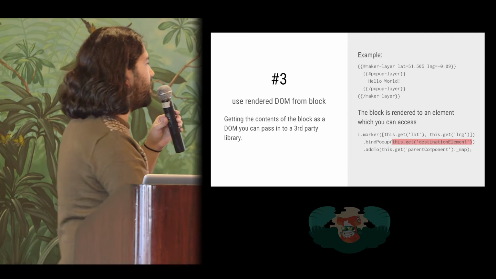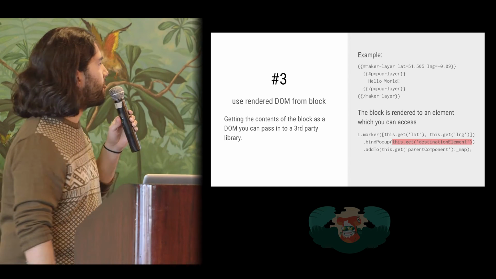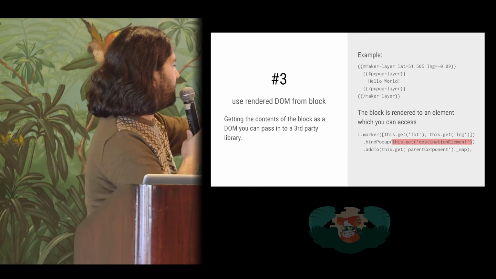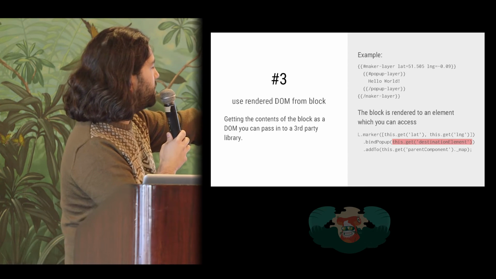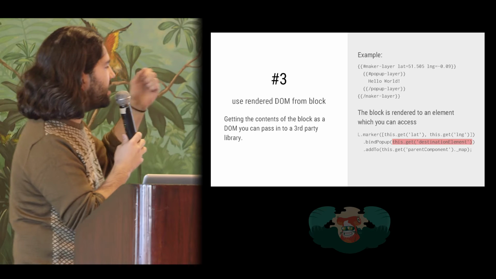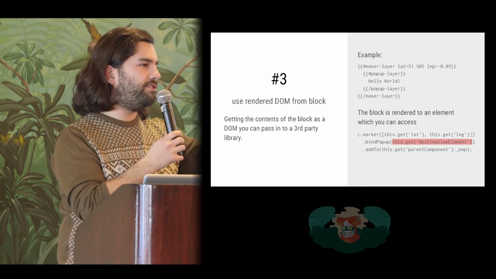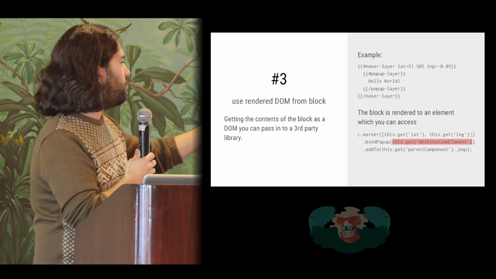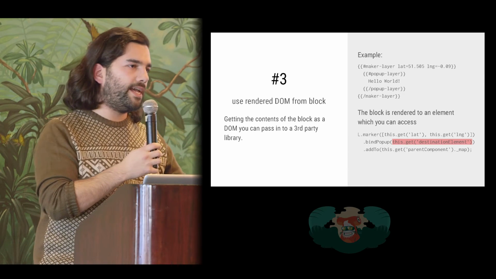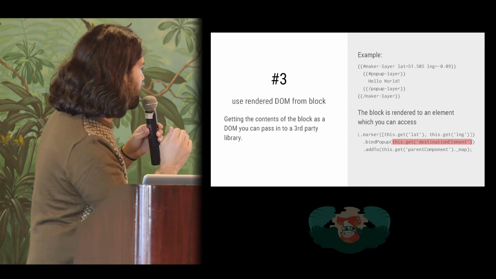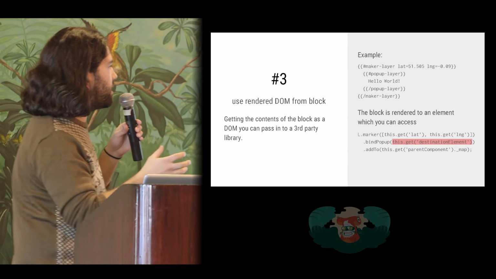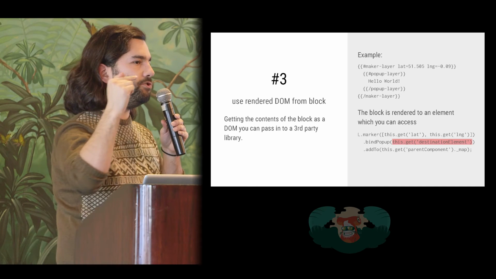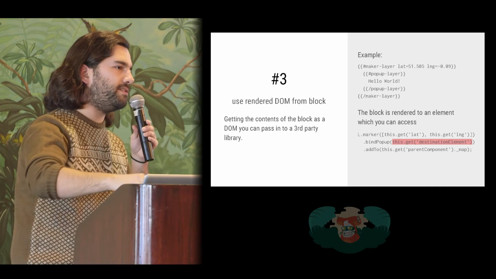You don't know exactly how the library works. In this example, the Leaflet API requires us to pass in either an HTML string for the content of the popup or a DOM element. So what this add-on does is take the contents of the block of a component and render it into a document fragment, not in the DOM.